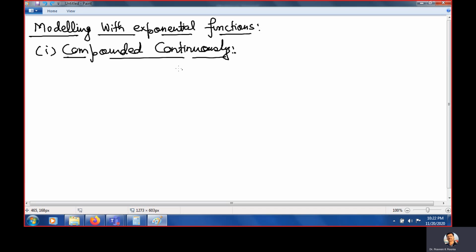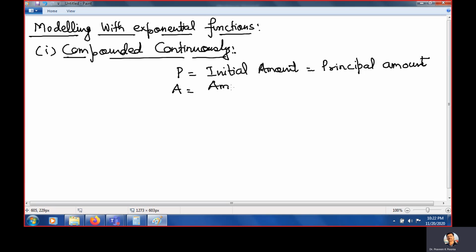So what is the formulation we are going to study? P is the initial amount, or you can say principal amount that you are depositing in the bank. A, the amount you are getting after the interest, total amount.